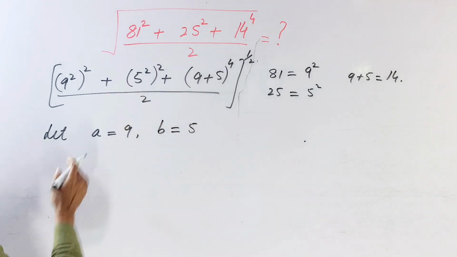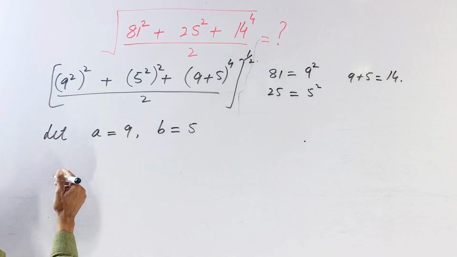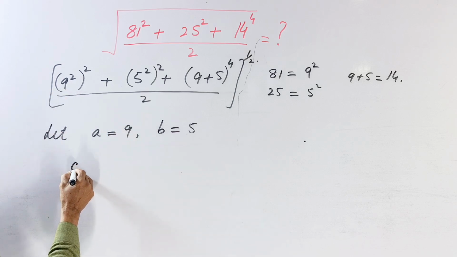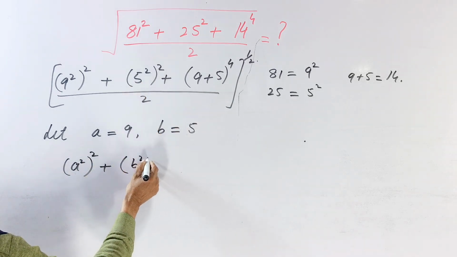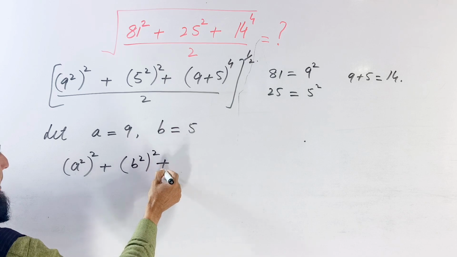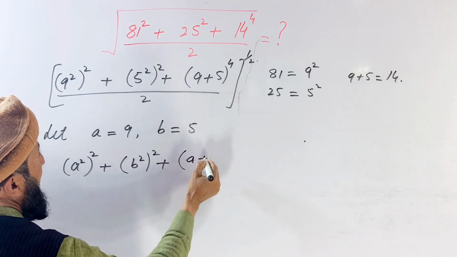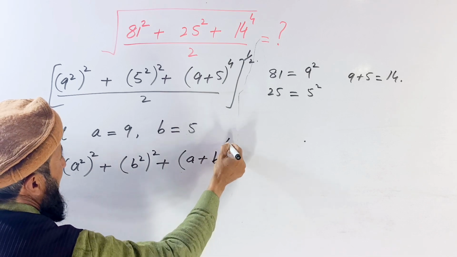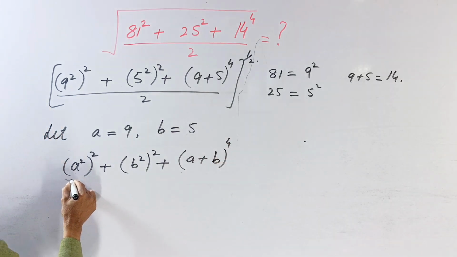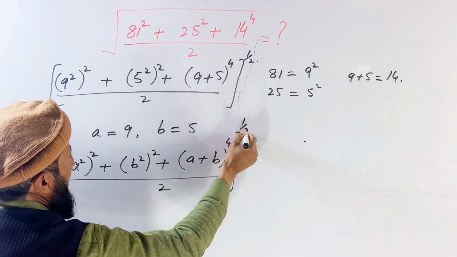So we replace these in the given equation: we get A square itself square plus B square whole square plus, in place of 9 we put A and in place of 5 we put B, so we get A plus B exponent 4, divided by 2 exponent 1 by 2.